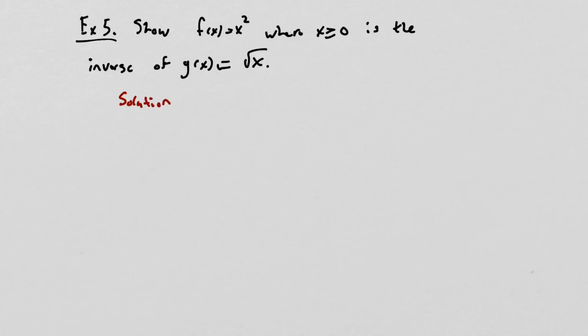What we need to do is show that f composed with g is equal to x and g composed with f is also equal to x, because then by the last part of the inverse function property, this tells us that f is going to be equal to g inverse. Number one, f composed with g of x is going to be equal to the square root of x squared, which is equal to x.